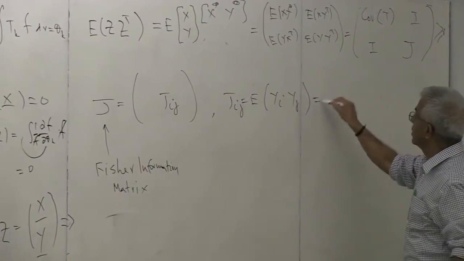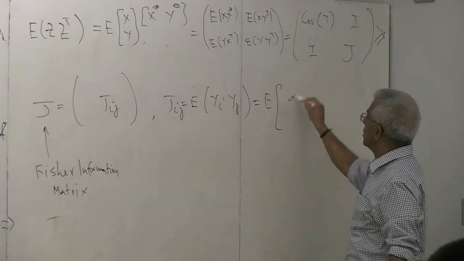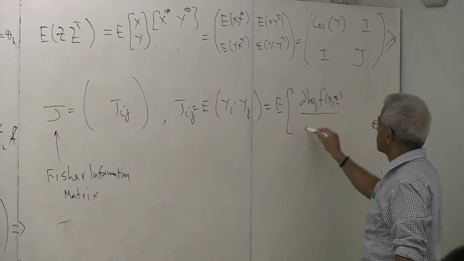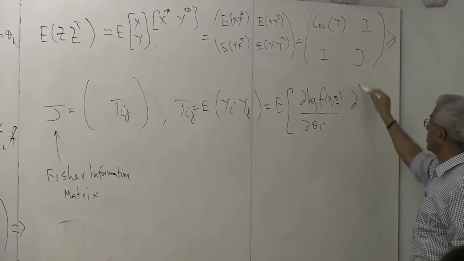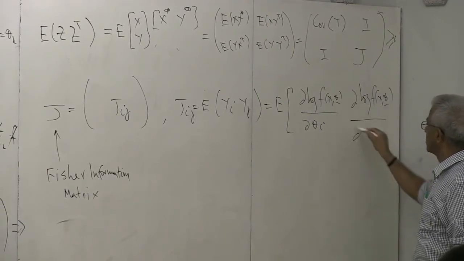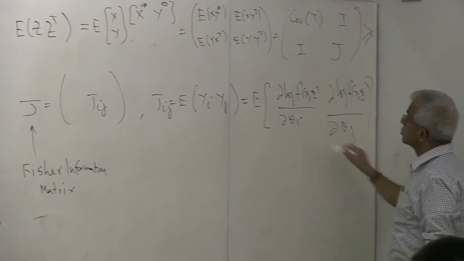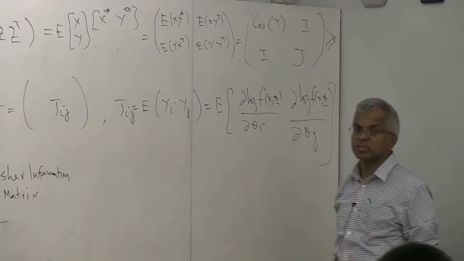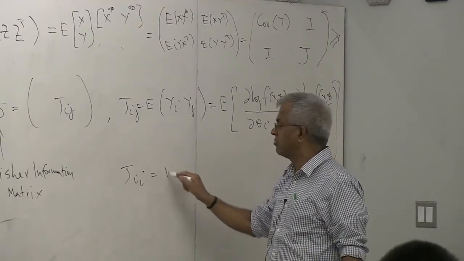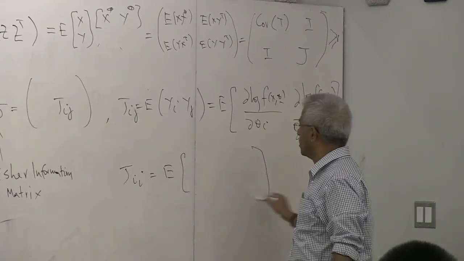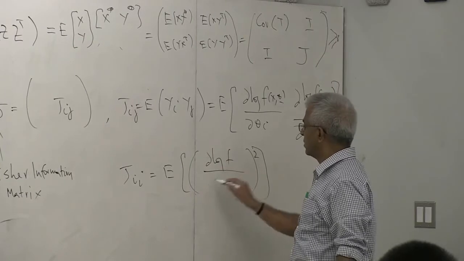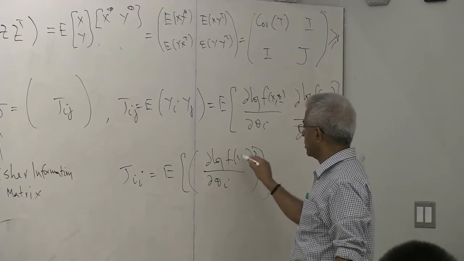So that will be expected value of the derivative of the logarithm of fx with respect to theta i multiplied by the derivative of the logarithm of fx with respect to theta j. So this of course you need to compute. So for example, Jii will be what you are familiar with, expected value of the square of d log f d theta i.